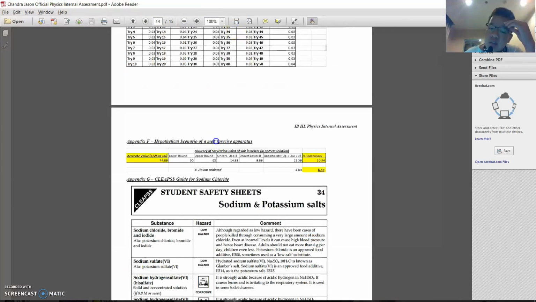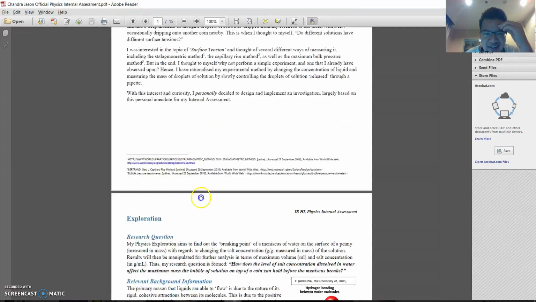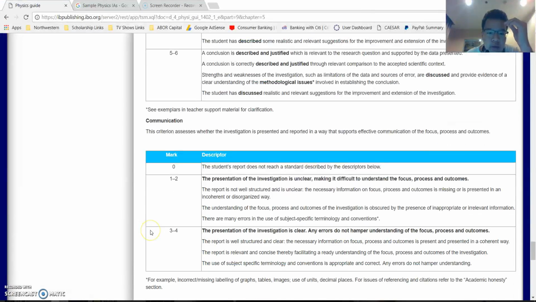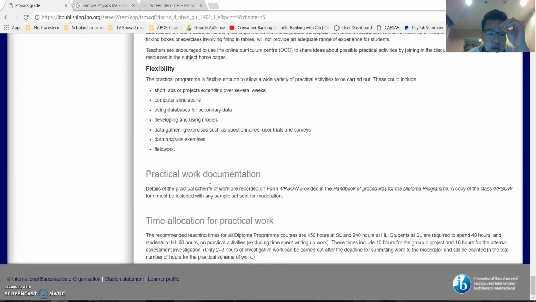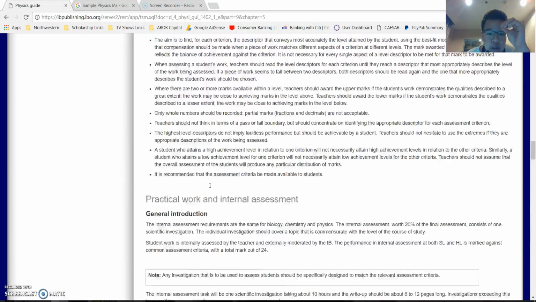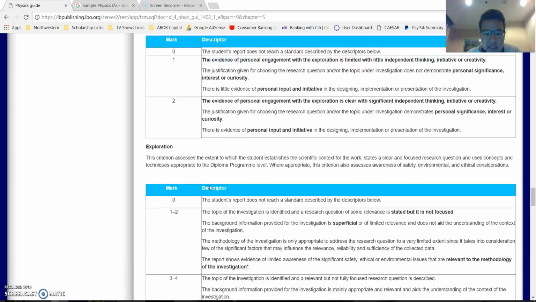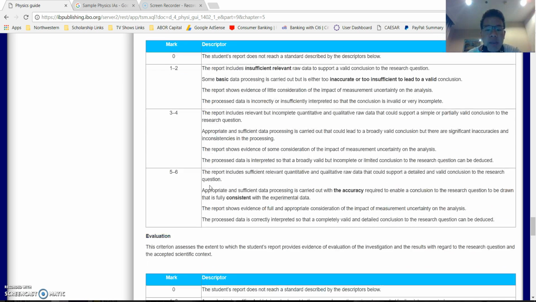The IA is way easier than your EE if you're doing a physics EE. But it's very straightforward, I guess, and communication just has to be clear. I suggest doing an experiment, of course. You can nail personal engagement, you can nail exploration well. Analysis would be hard.